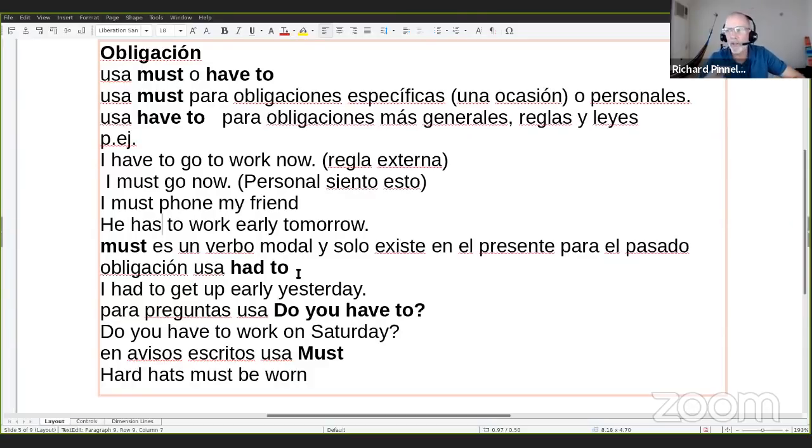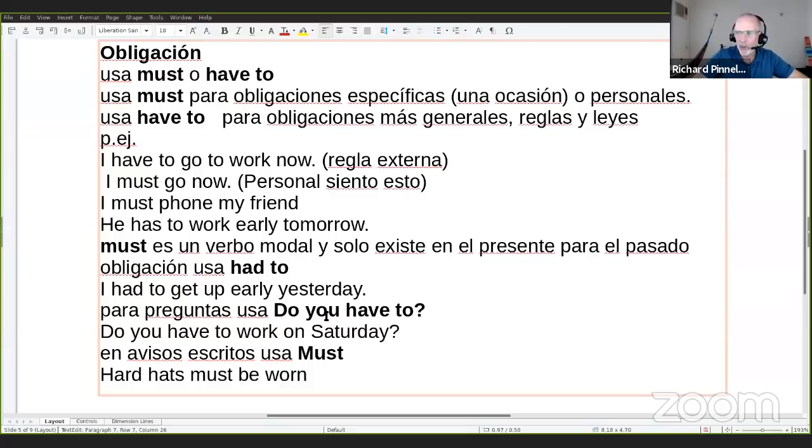Si estamos hablando en el pasado, no hay must en el pasado, entonces usamos had to, que es como en español, tuve que. Básicamente, la regla arriba no aplica en el pasado. Solo vas a usar have to para reglas externas y para cosas personales, obligaciones personales que sientes. So I had to get up early yesterday.